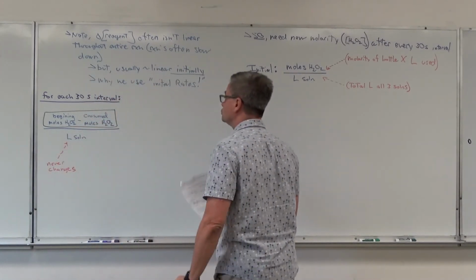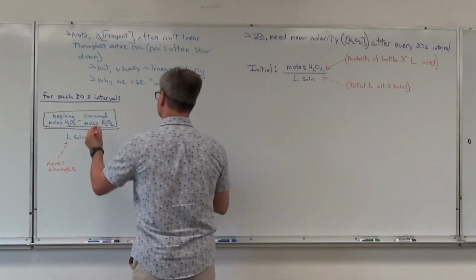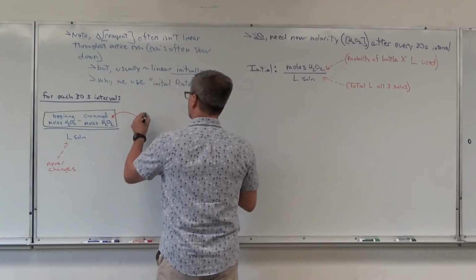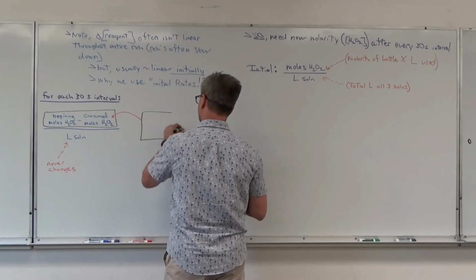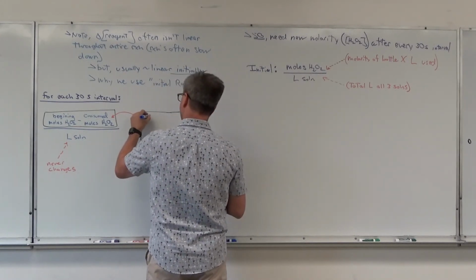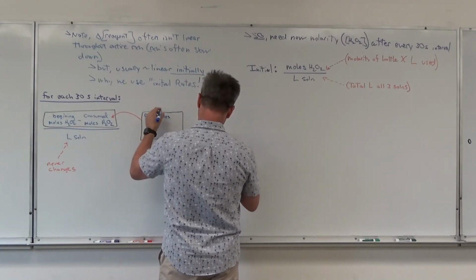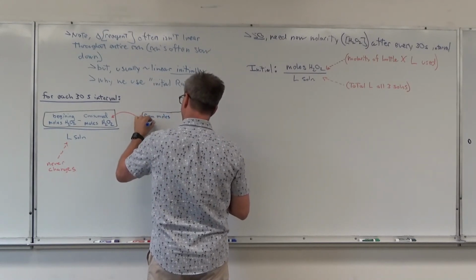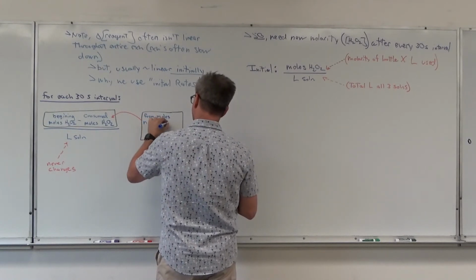Where are we going to get the moles of hydrogen peroxide consumed during that particular step? Get that from the moles n of oxygen created.